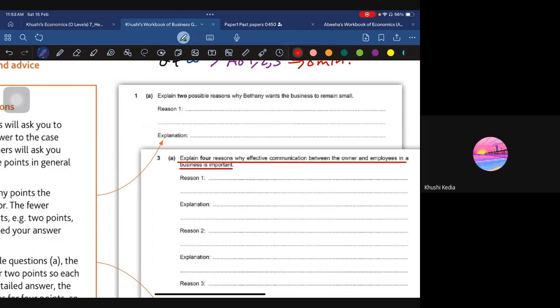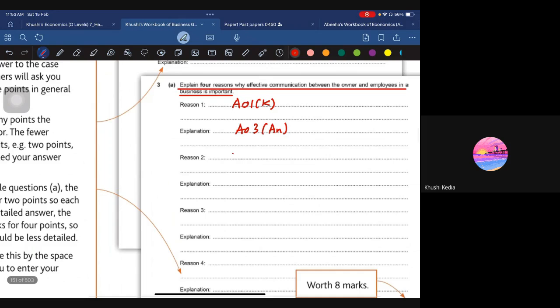So you have to provide a reason here, which is your AO1, and you have to show the impact, explaining it, showing the impact, which is AO3, analysis. You do the same thing here. AO1 knowledge is going to come, and in two lines, you have to show the impact.